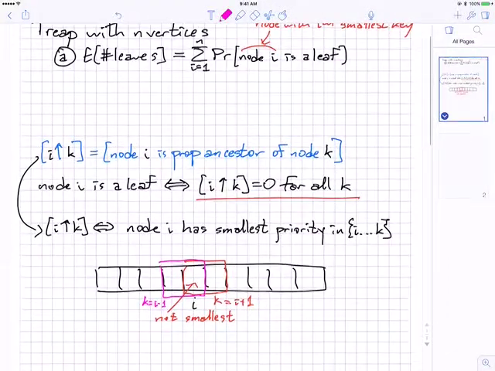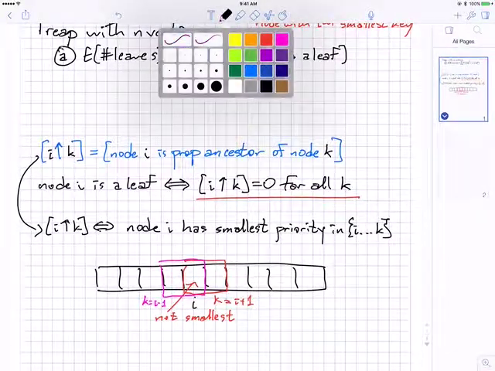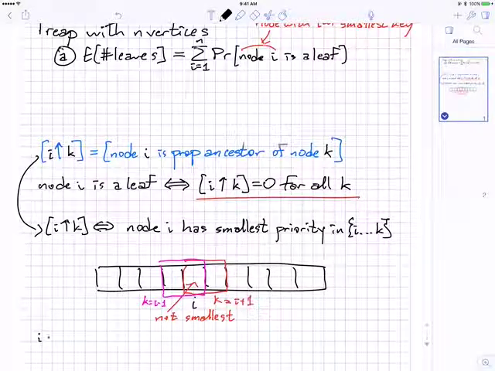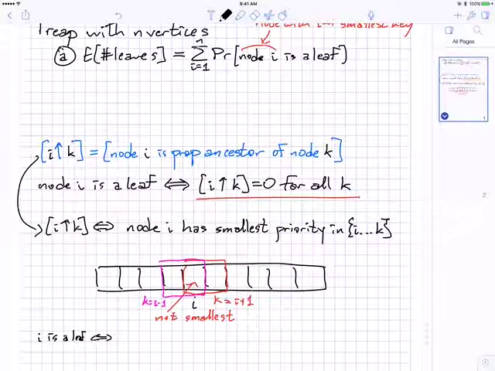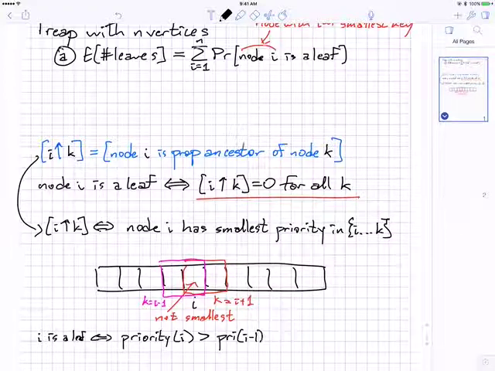And so ultimately what this means is that I is a leaf if and only if the priority of I is bigger than both the priority of I minus 1 and the priority of I plus 1.